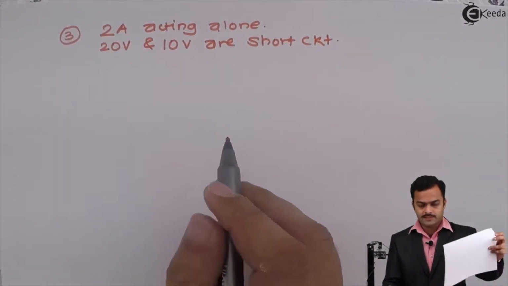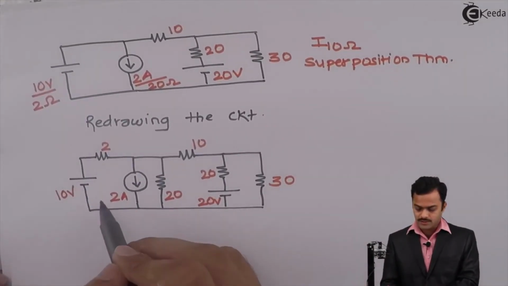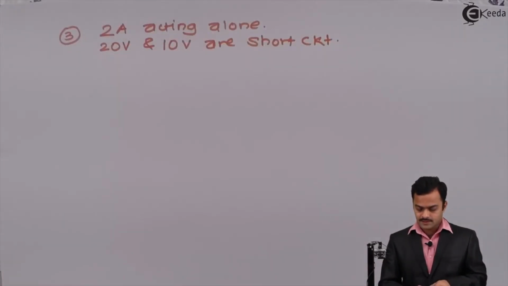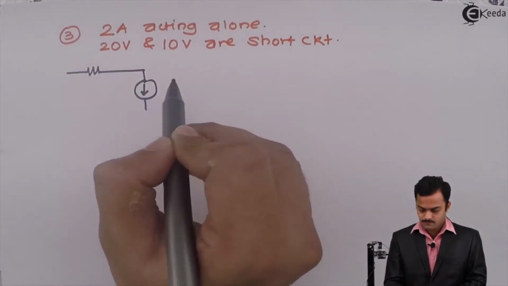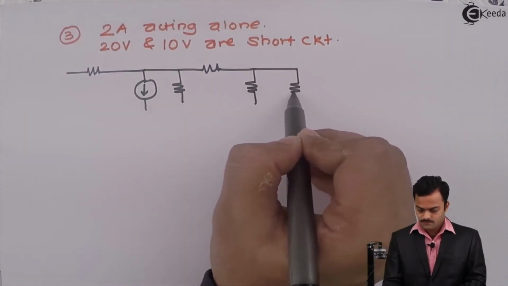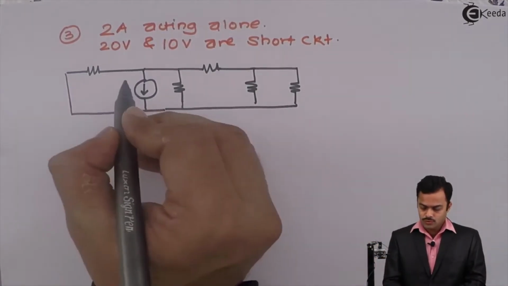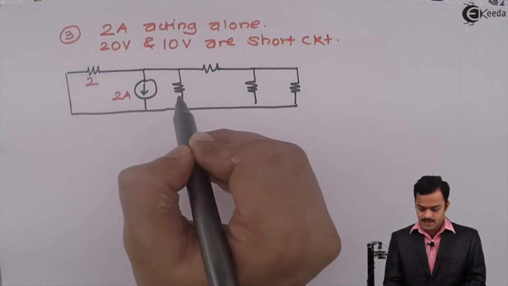So in the original circuit, if I consider these modifications, this will be shorted, this will be shorted, only this current source will act alone. I will get a circuit like this. Two ampere source and remaining resistances will remain as it is.